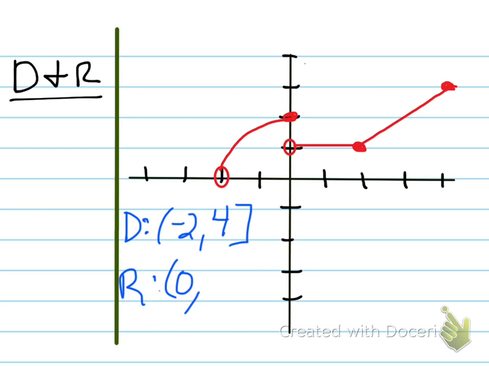Then it exists all the way between, but right here where the y value is 3, that's the highest point and it includes that. So it gets a bracket on the 3. And that's domain and range, left to right, bottom to top.